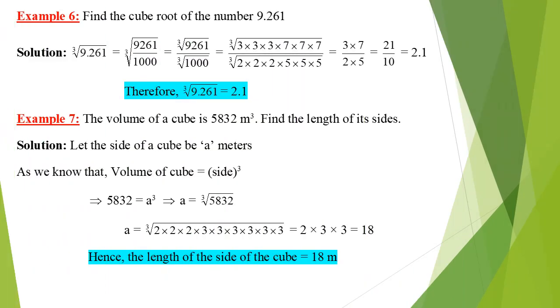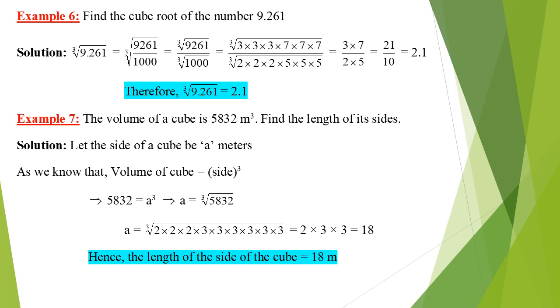Now let's do one more example in which we have to find out the cube root of a decimal number. So if a decimal number is given to you, you have to first convert the number into a fraction. So the number 9.261 will be written as 9261 divided by 1000. And using the property which we have discussed just now, the cube root of the numerator will be written separately and the cube root of the denominator will be written separately.